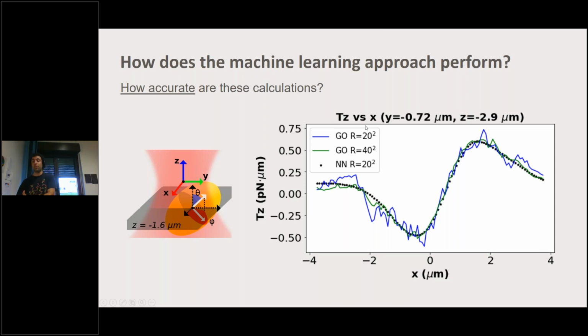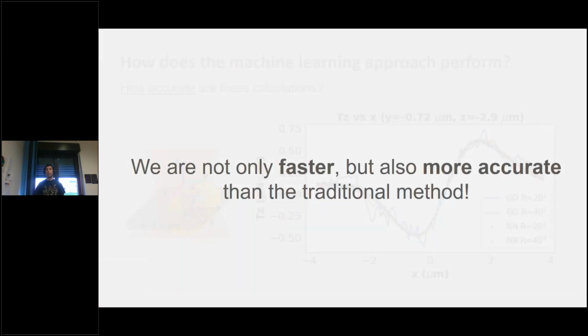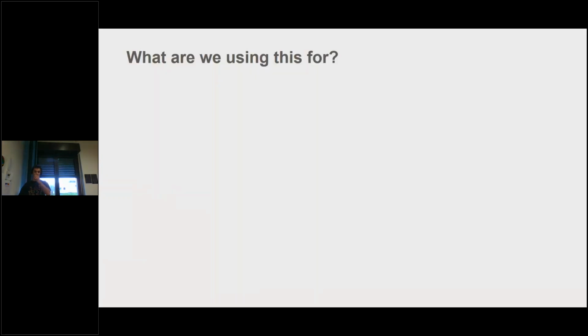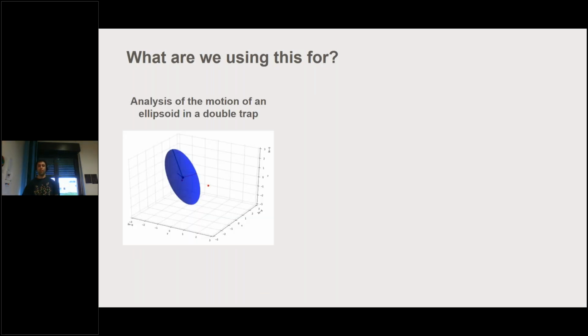So in this case, the student, which is the neural network, is getting much better than the professor, which is the original geometrical optics data that has been used for teaching. So with this, we were very happy because we are not only faster, but also more accurate than the traditional method. And now I just want to show a few examples about what we are using this for.